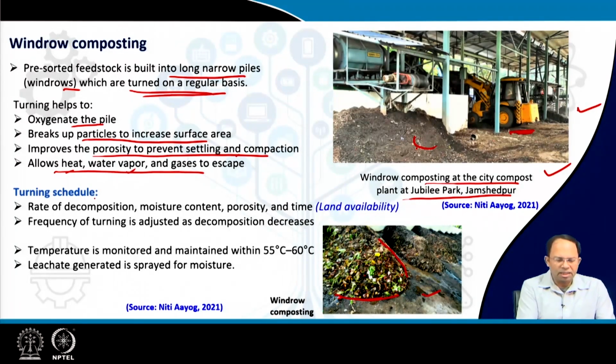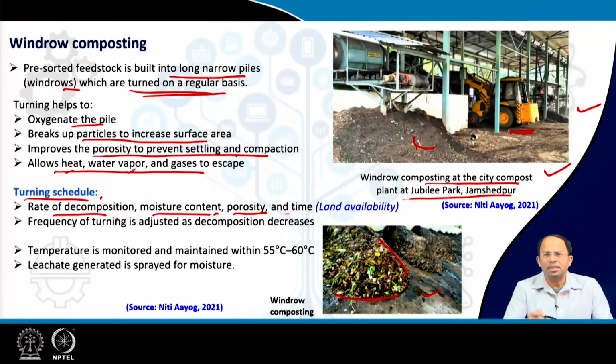Now, the turning schedule, how much I should turn, depends on the rate of decomposition. It depends again on the weather, the climate and so on, the moisture content of waste, the porosity of waste and the time you have in hand. If you have less time, in that case you have to turn more. As we have learnt earlier, when the turning schedule is increased, automatically the time for composting decreases.